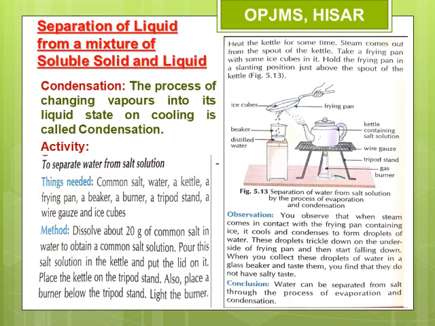Hold the frying pan in a slanting position just above the spout of the kettle. You will observe that when the steam comes in contact with the frying pan containing the ice cubes, it cools and condenses to form droplets of water. These water droplets trickle down on the underside of the frying pan and start falling down. You can collect these water droplets in another beaker.